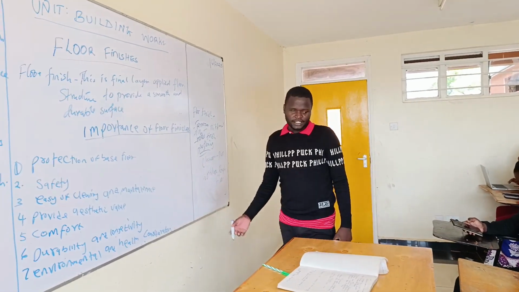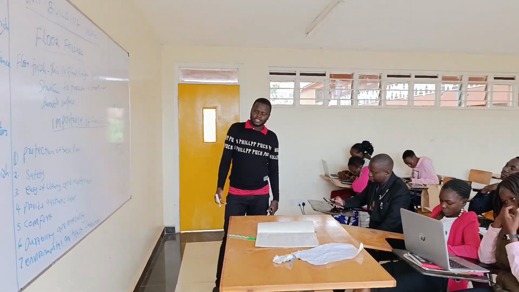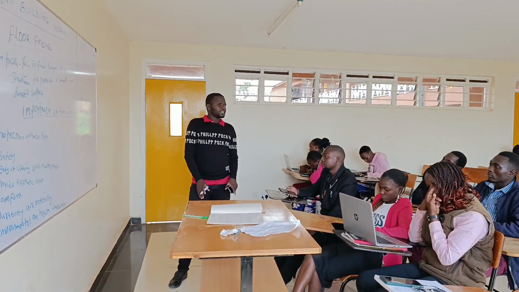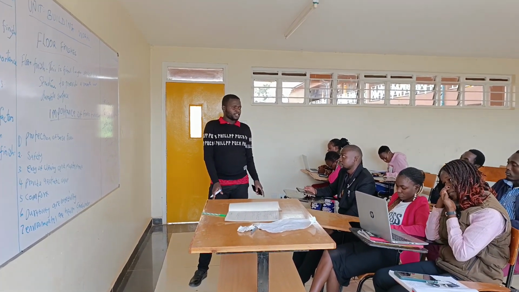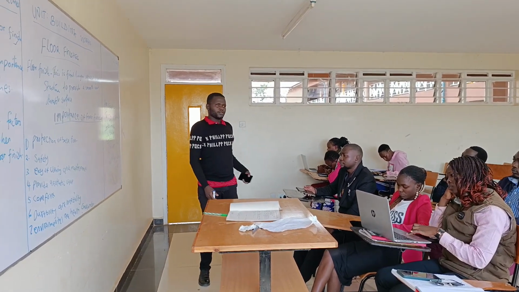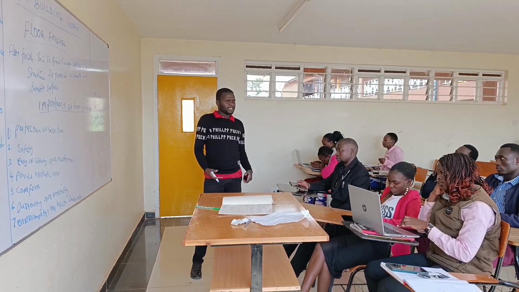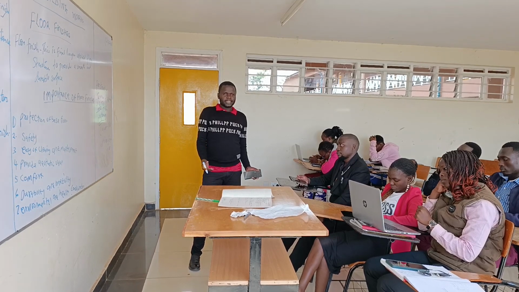Another importance is durability and longevity. Durability means that the flooring can last a longer time without being affected. Take, for example, external floor finishes. There are external environmental conditions, like rain.